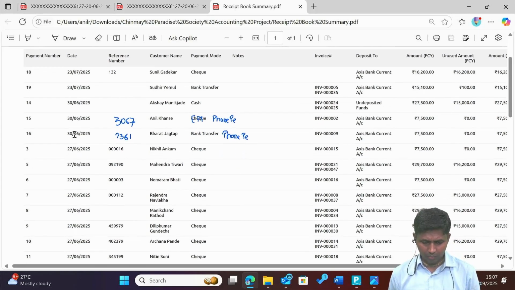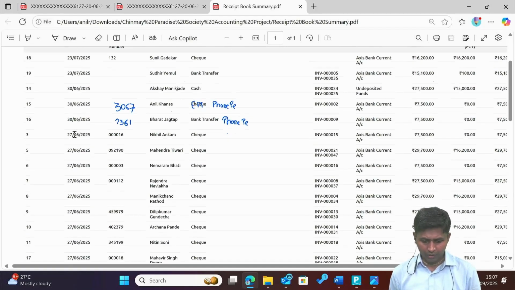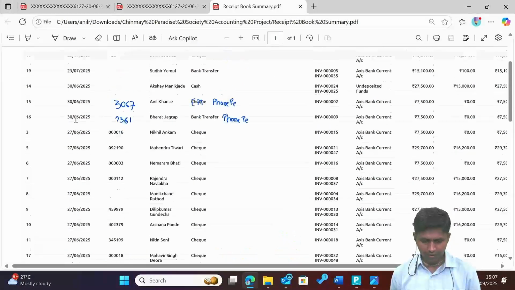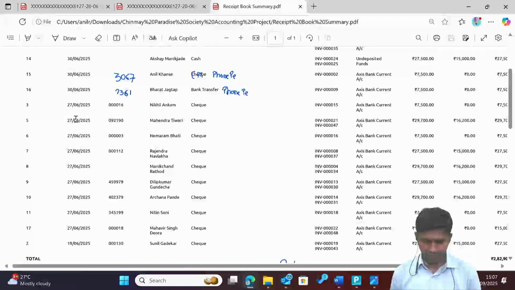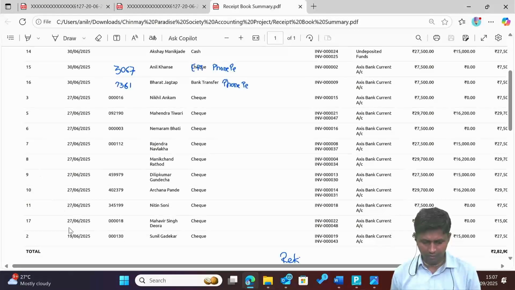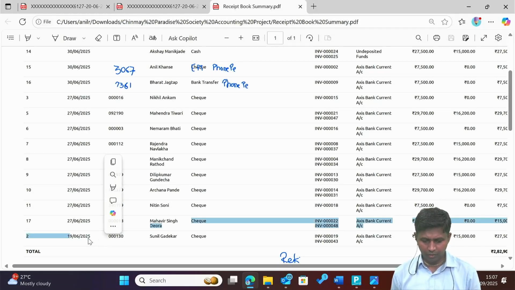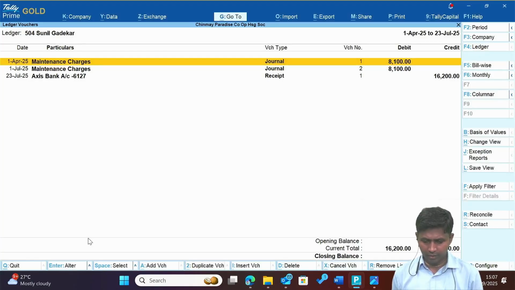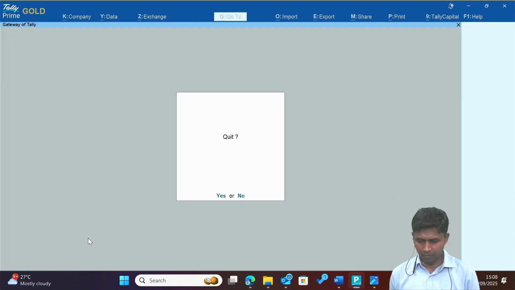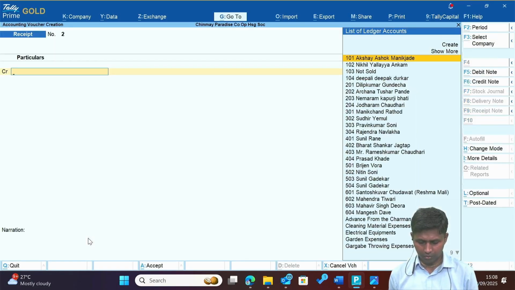Now after this, on 23rd July, this is, I think, descendingly arranged. Therefore, instead of starting from the first entry, start from the last line here, 19th June. Now let's say 19th June. What had happened on 19th June? Vouchers.